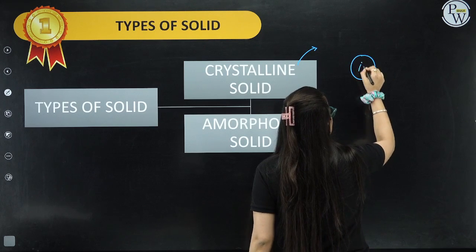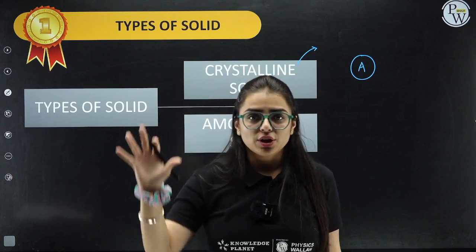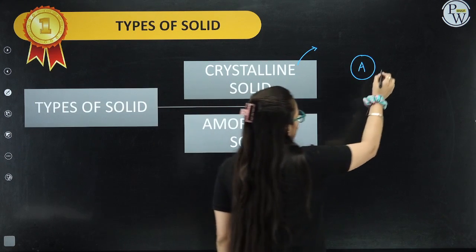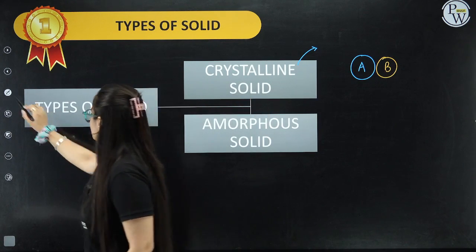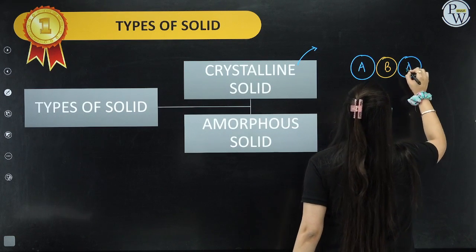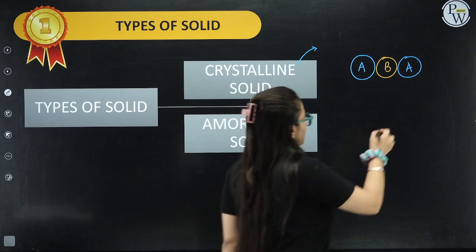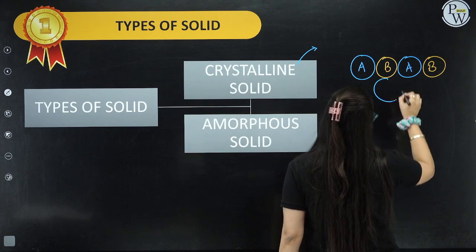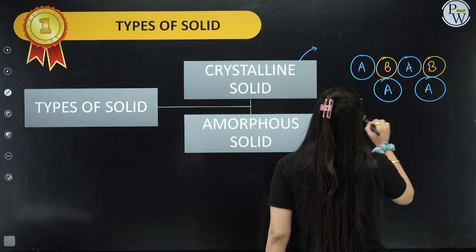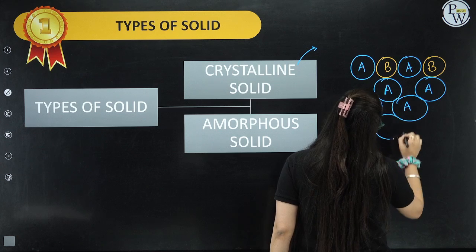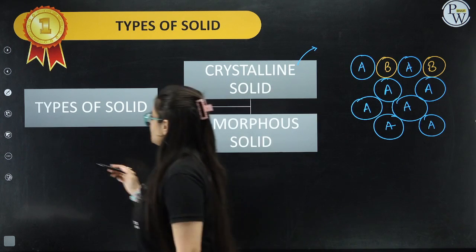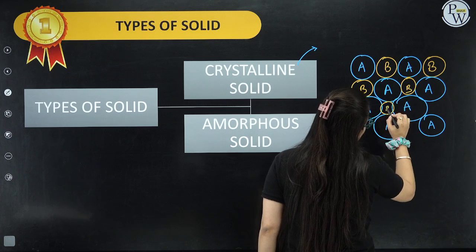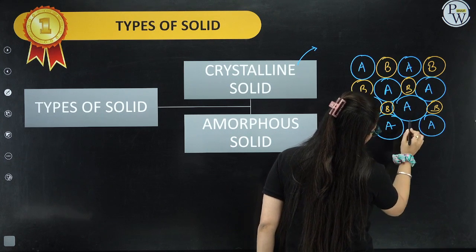See, in the crystalline solid, let us consider we have made a solid object with two kinds of particles, A particles and B particles. So let us understand the arrangement, students. It is A, then comes your B, then comes your A, then comes your B. See, this is a rough structure, just a random structure which I have drawn.